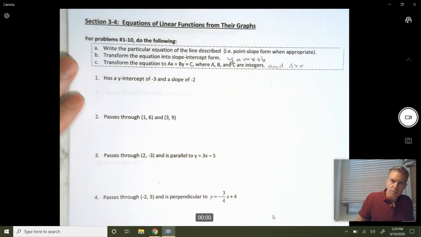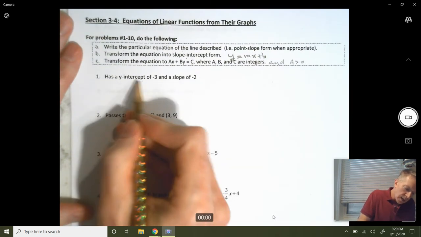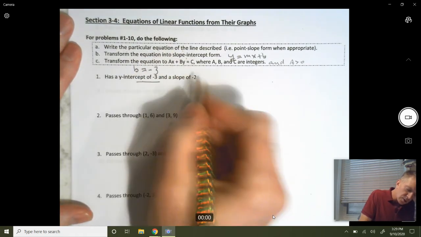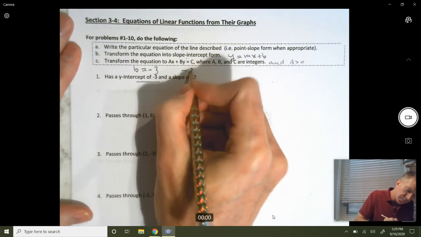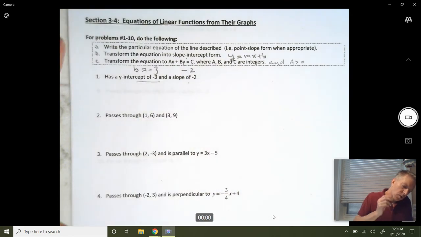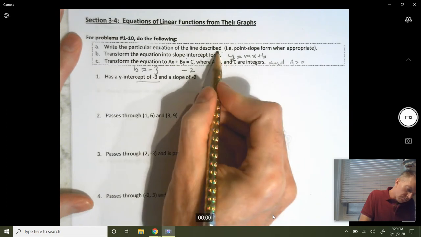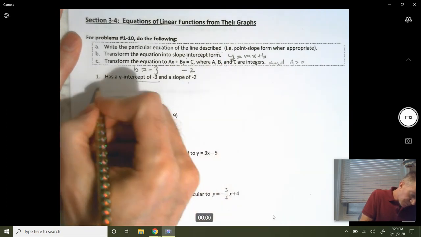Okay, so the first one, y-intercept of -3, that's b equals -3, and your slope is -2. So we'll do point slope form.